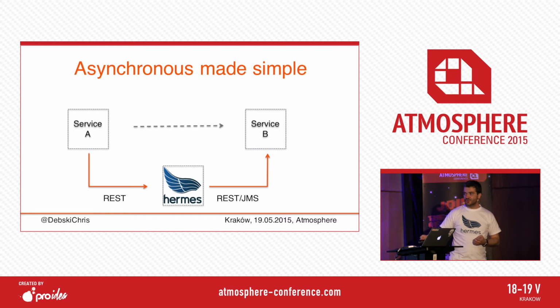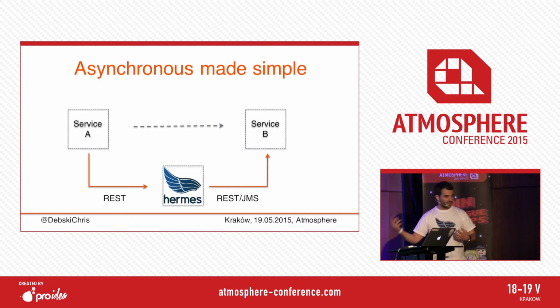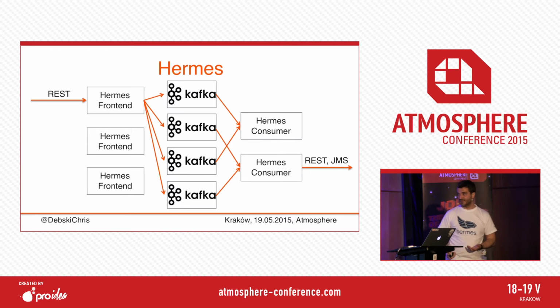But Hermes stores all the events in Kafka and then sends them via REST to the second service. What is great with this is that we don't need to change the payload that we send. We don't need to change the protocol. We don't need to change anything apart from the part of the URL that we send our events to. So we just change the URL, send to Hermes, and Hermes will do the rest.